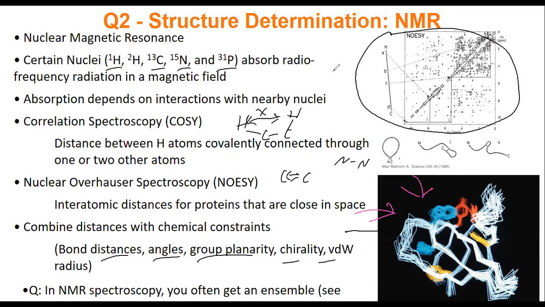Each one of those breaths can be captured using our NMR, where we get slightly different rules depending on what breath we're looking at. And since we have thousands of copies of proteins, we get a bunch of snapshots. And when we try to solve our puzzle, we get a bunch of solutions. So here, let's say this is phenylalanine. Each one of these little blue lines is a different solution where the phenylalanine could have been.